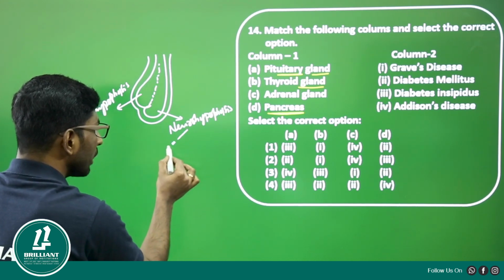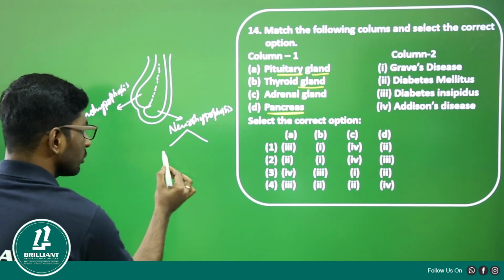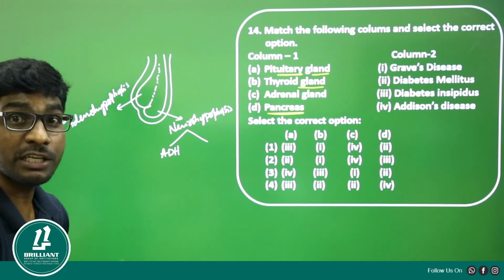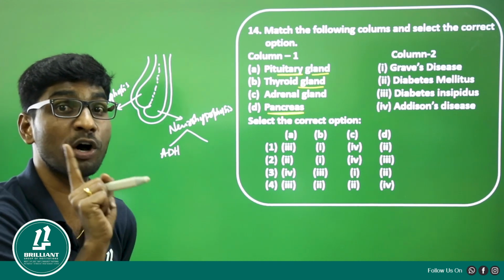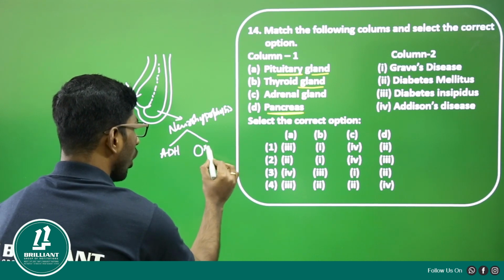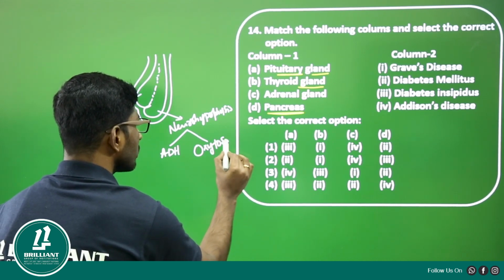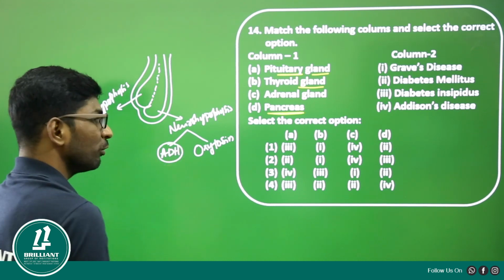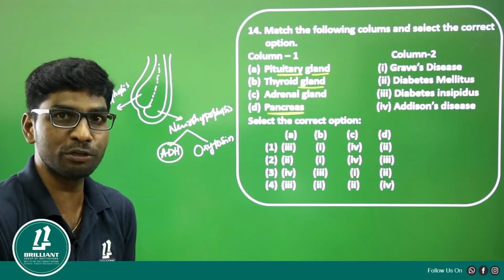And from this neurohypophysis, 2 hormones are released. One is called ADH, antidiuretic hormone, called vasopressin. And the second one is known as oxytocin hormone. And this ADH hormone acts on the nephric tubule. Do you remember?